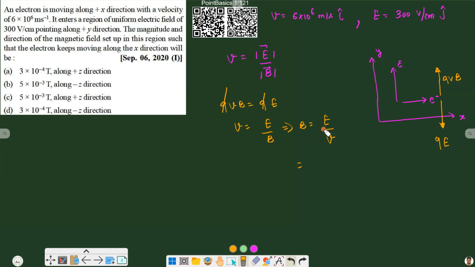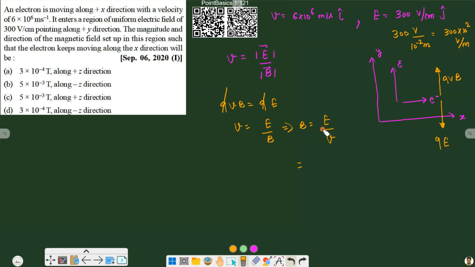The magnitude of the electric field is 300 volt per centimeter. We have to convert into volt per meter. 300 volt per centimeter, with centimeter being 10 raised to power minus 2 meter, can be written as 300 into 10 raised to power 2 volt per meter.